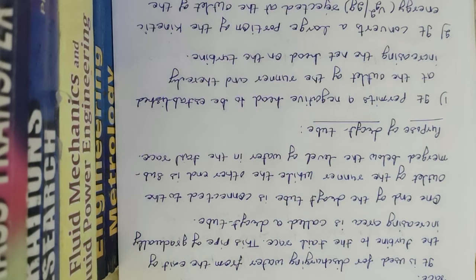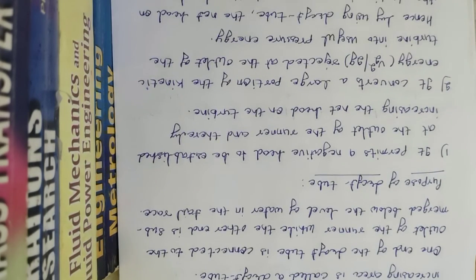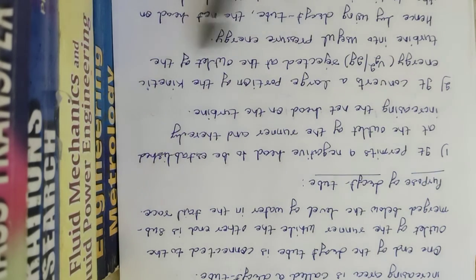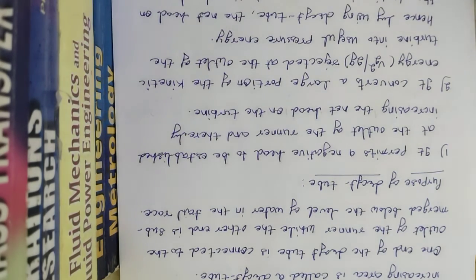This is used in reaction turbines such as the Francis turbine or Kaplan turbine. At the outlet of the turbine, it is connected. So this draft tube increases the net head on the turbine. The second one is that it converts a large portion of the kinetic energy rejected at the outlet of the turbine into useful pressure energy.